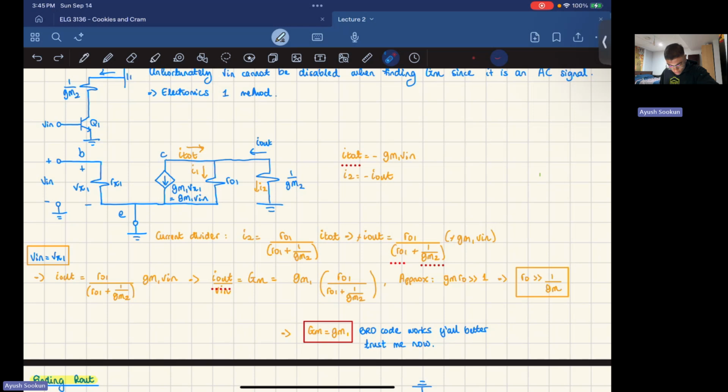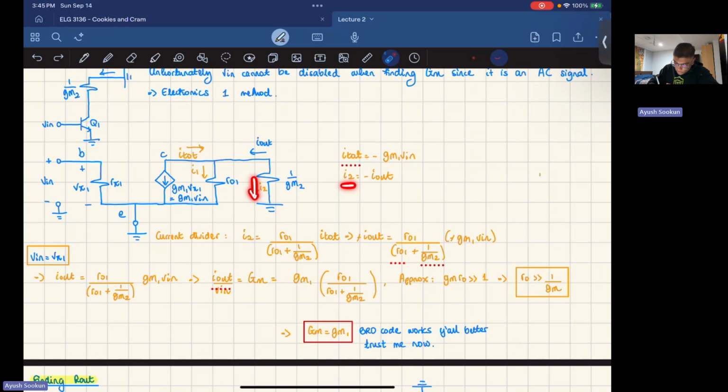Oh yeah, I see. I was confusing in my head I total and I out. Yeah, so this equation makes sense right here. I2, this current, is going to be this resistor over the sum of both of them times the total current.